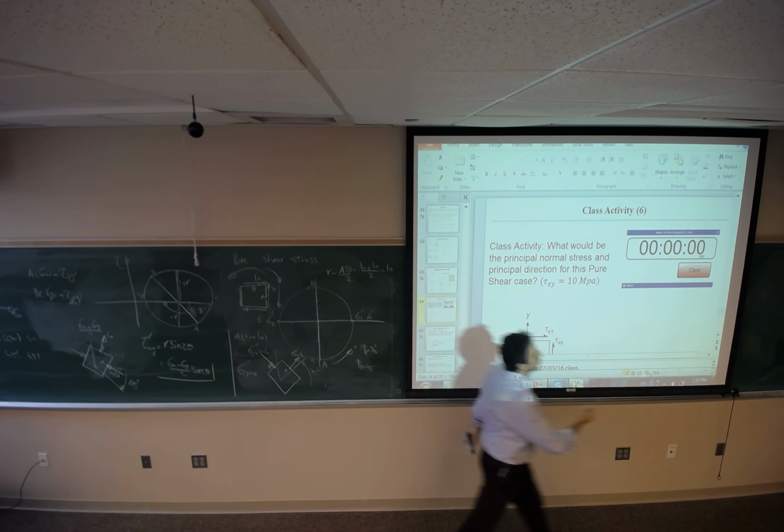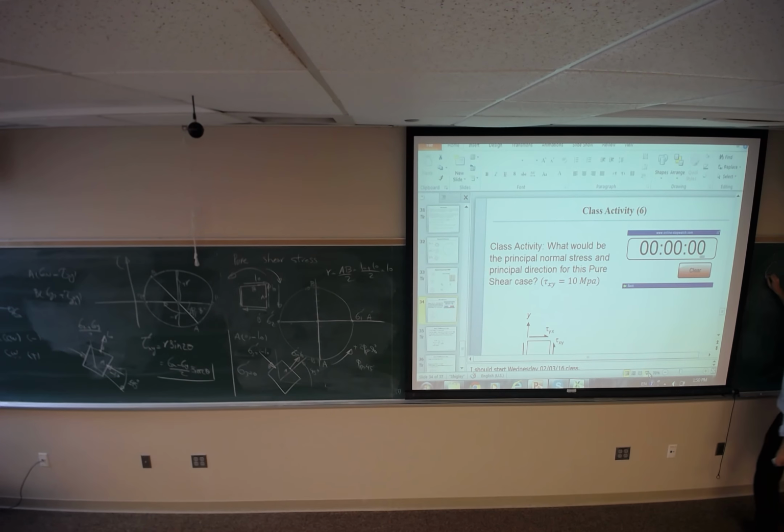So you can rank them: sigma 1 is the greatest, sigma 2 the middle one, and sigma 3 the smallest. So sigma 1 is +10, sigma 2 is 0, and sigma 3 is -10 megapascal.